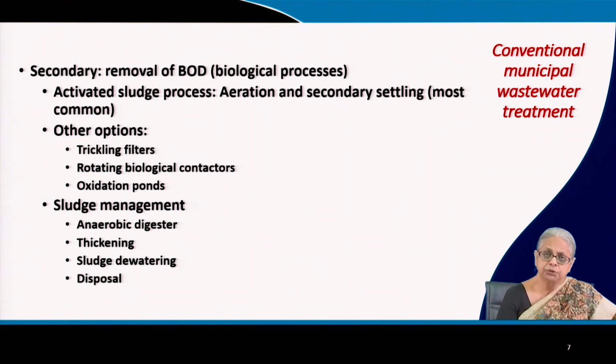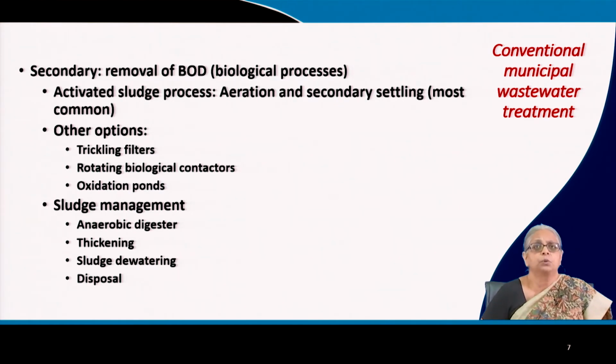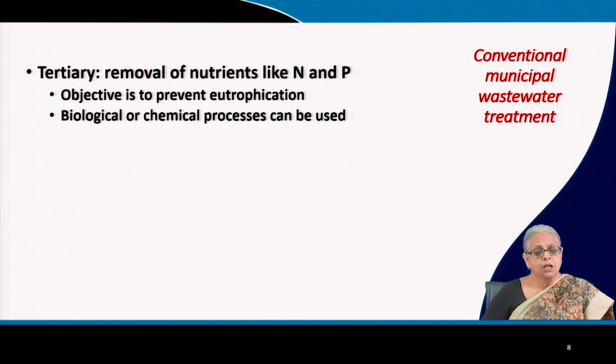There are two outputs from the anaerobic digester. One is biogas and the other is a reduced volume of sludge. This sludge has to be further thickened and dewatered, and then the solids are disposed of either by incineration or by landfilling. You may have to go for tertiary treatment for the removal of nutrients like nitrogen and phosphorus.